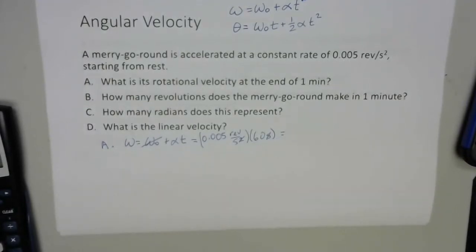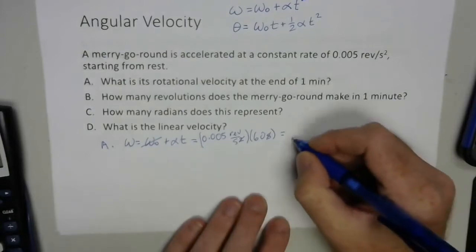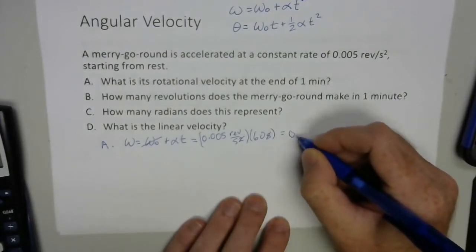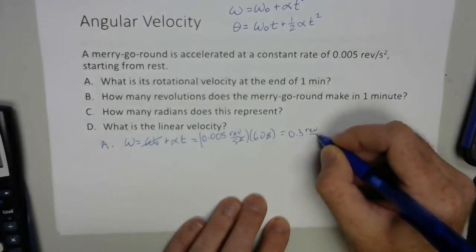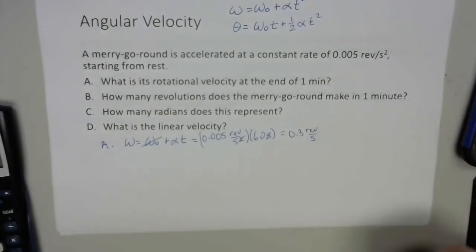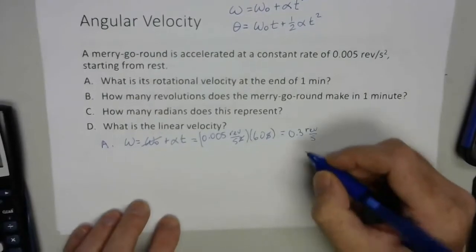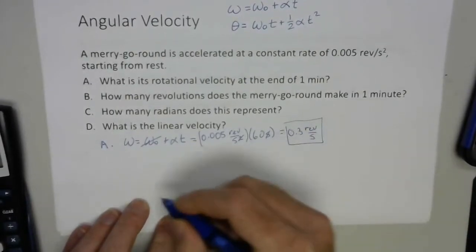Run that through the calculator, 0.005 times 60, and we get 0.3 revolutions per second at the end of a minute. That's how fast it'll be rotating. So that's the answer to part A.